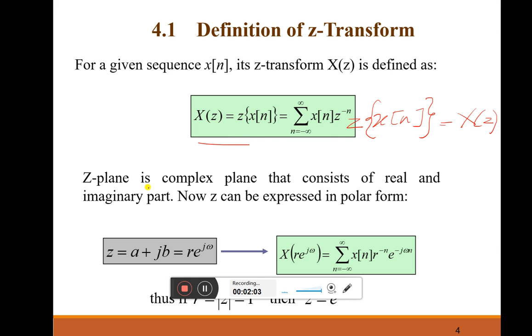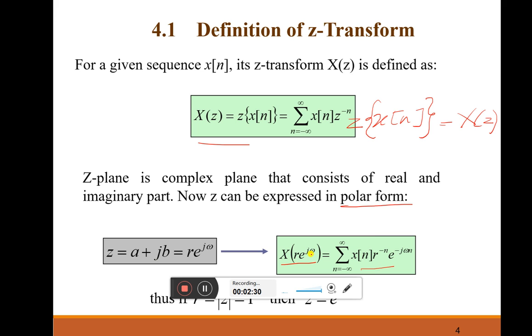Okay, now Z plane is a complex plane that consists of real and imaginary part. So Z can be expressed in a polar form. So Z equals to a plus jb equals to r exponent j omega. And if we replace Z equals to r exponent j omega, okay, so we have this new equation.